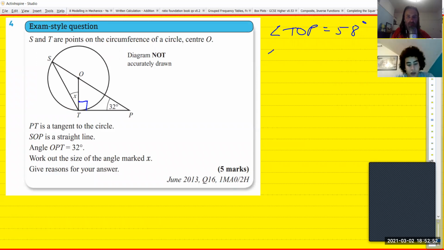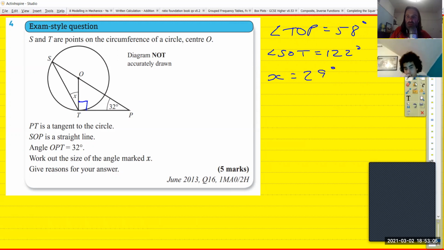So x is 29 degrees. And give a reason for your answer.